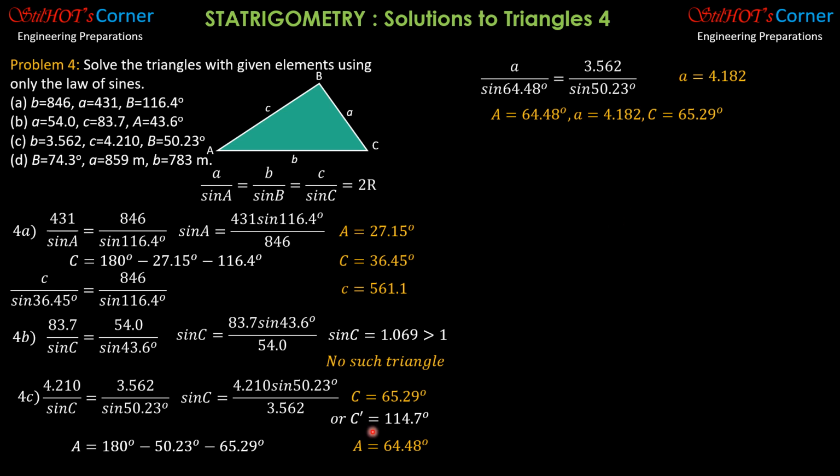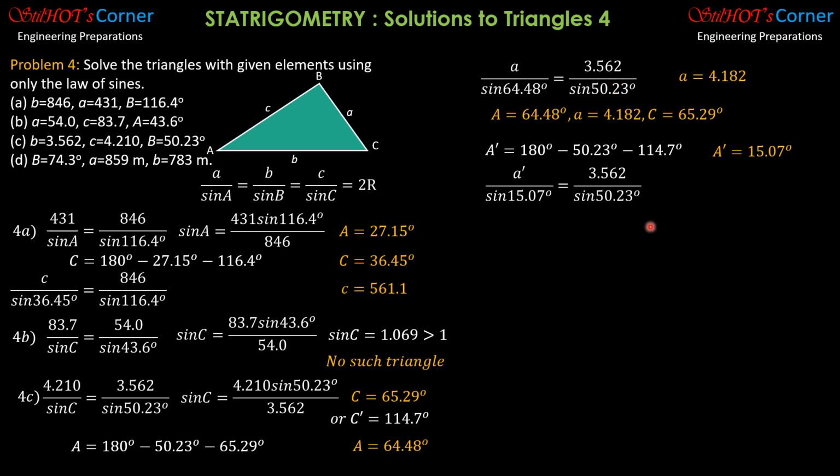Then for the other possibility, C prime is 114.7 degrees. Let's solve for angle A prime: 180 degrees minus 50.23 degrees minus 114.7 degrees. So A prime is 15.07 degrees, which is possible. Then let's solve for side A prime. A prime over sine 15.07 degrees equals 3.562 over sine 50.23 degrees.